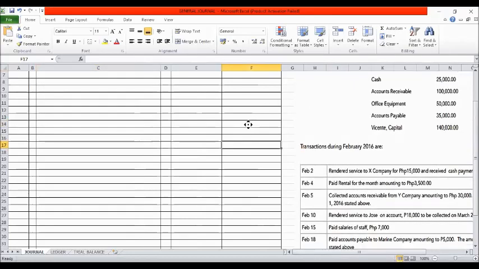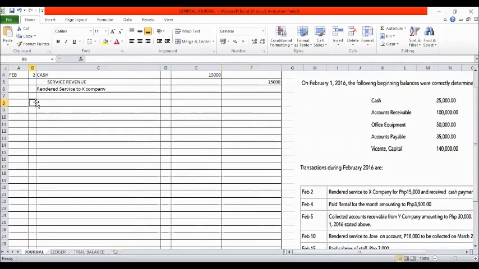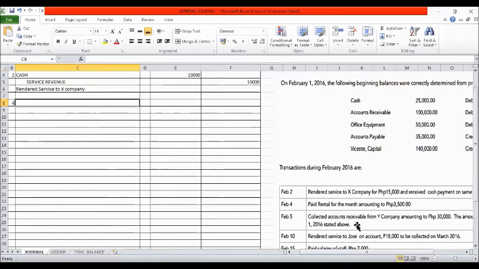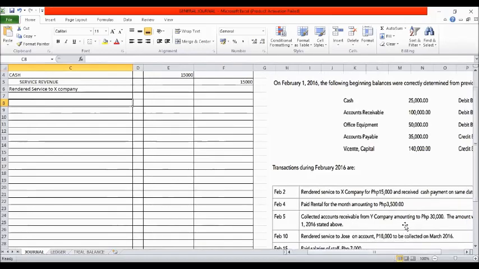Kung ni-record natin, yung date na lang, hindi na kailangan yung month, since all of the transactions are February transactions naman. So paid rental for the month amounting to 3,500. Kung makikita niyo, hindi niya sinabi kung cash or account. So automatically, cash ang pinambayad natin dito.